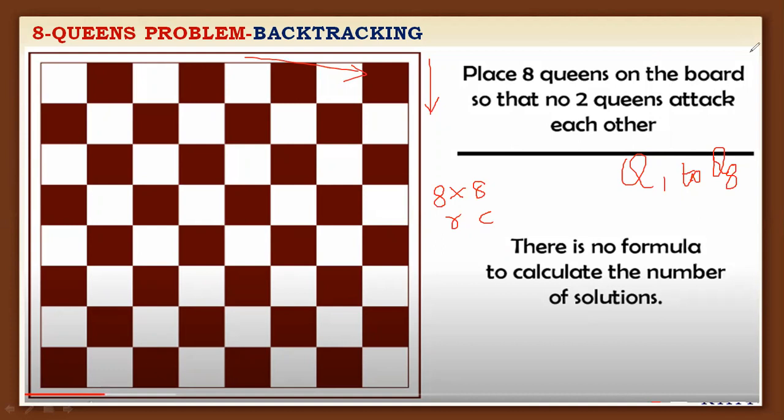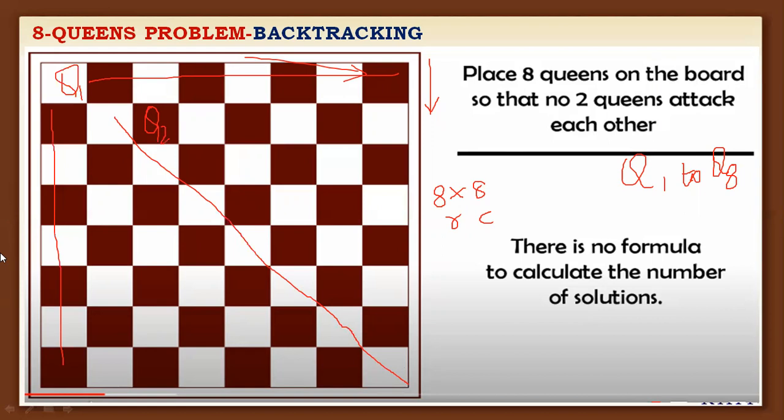So when we apply the backtracking technique to this 8 by 8 chessboard, initially we start with Q1, queen 1, and we place the first queen here. When I place Q1 here, the row, the entire column and the diagonal are not safe places to place the next queen. The next possibility is placing Q2 here.